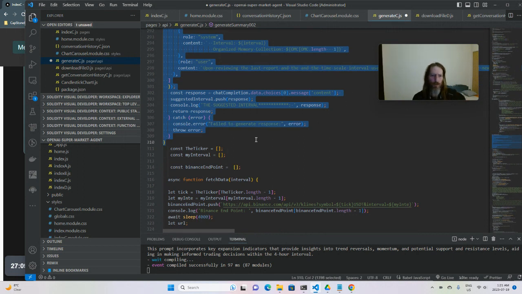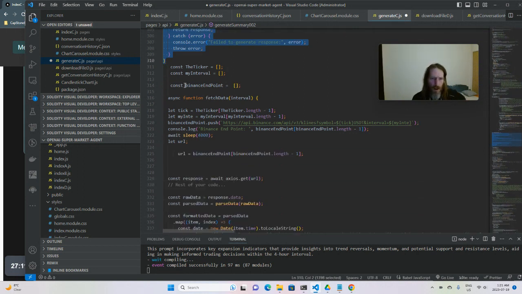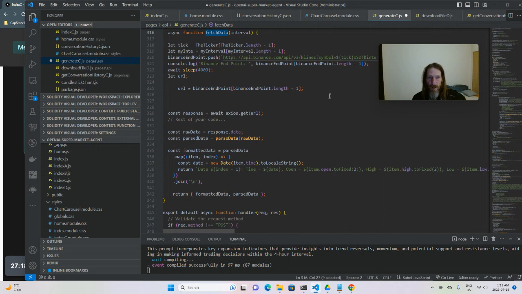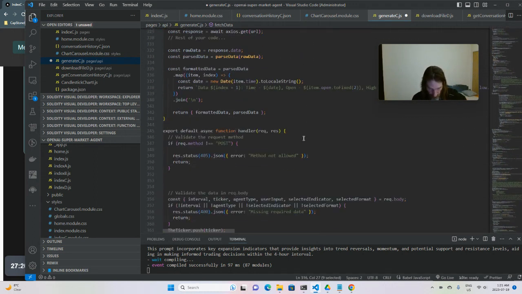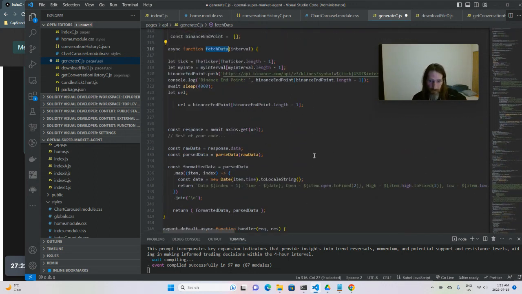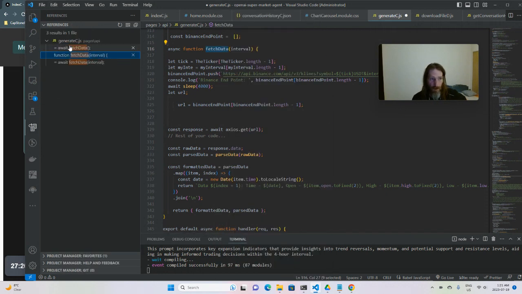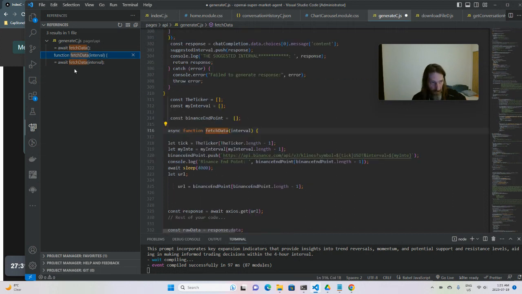This would be another function. So fetch data, in my handler, is right there. Let's make it simple for us. Fetch data, line 316.